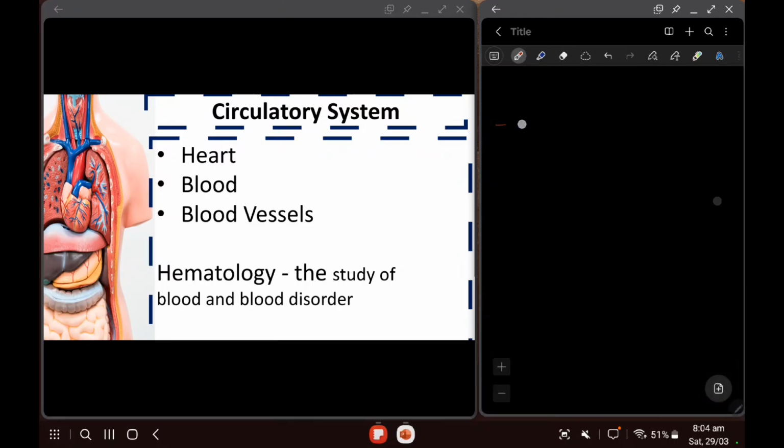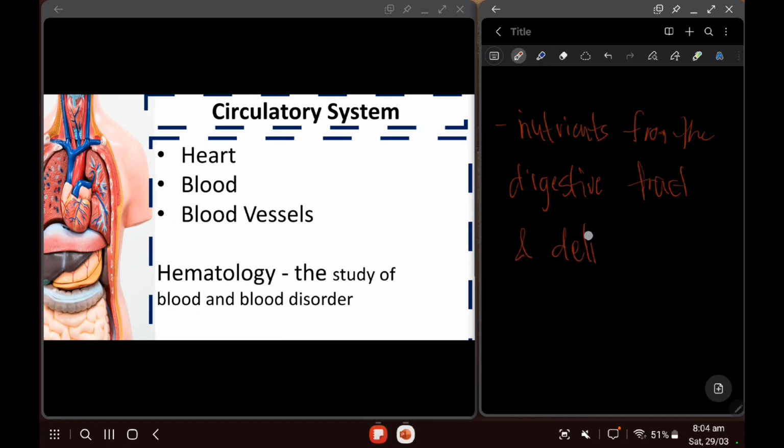And also, it picks up nutrients from the digestive tract and delivers them to all of the body's tissue.